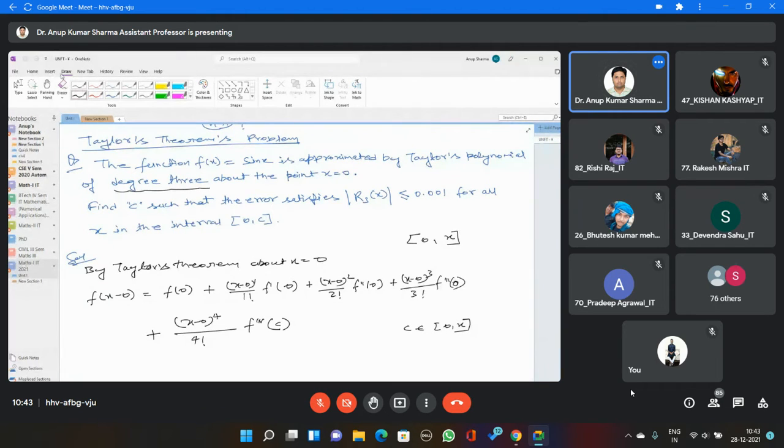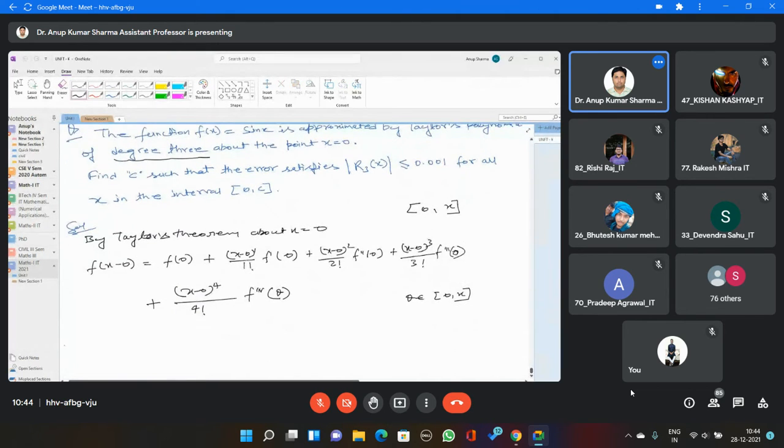Okay, it is better to write something else, like theta, to not make confusion. And this is theta. So therefore this f(x), this is our sin x.